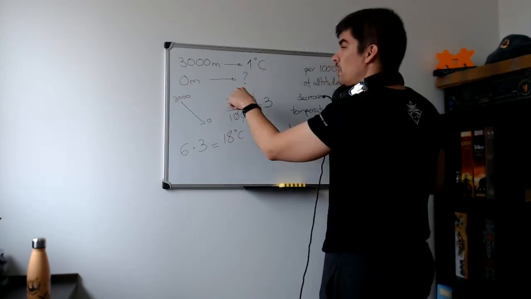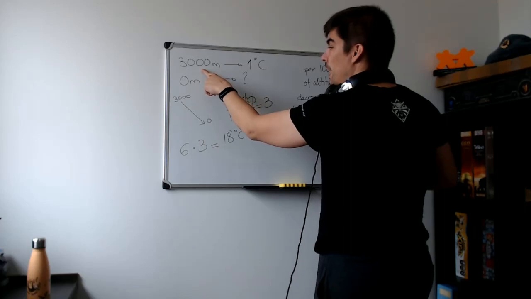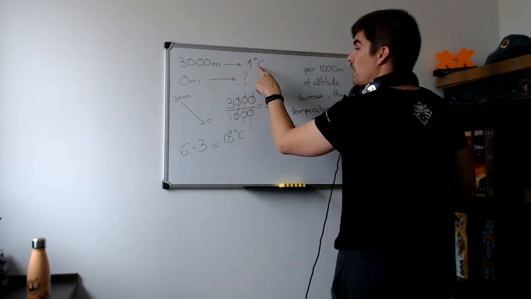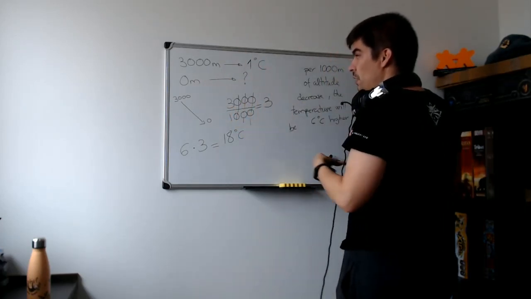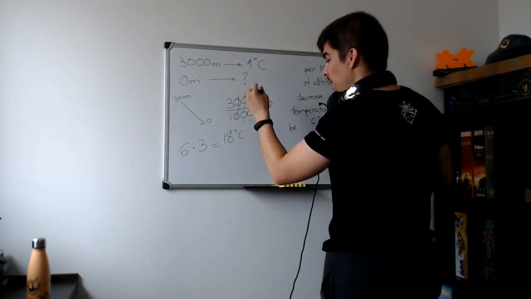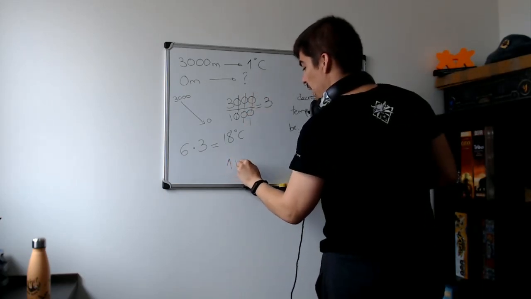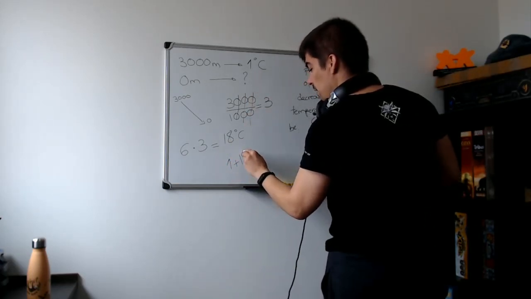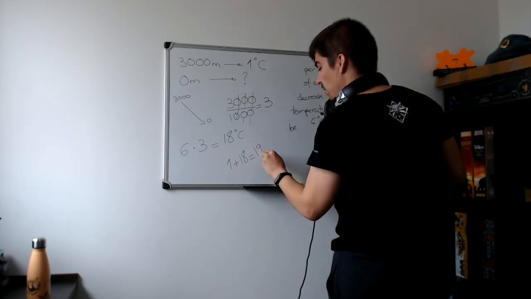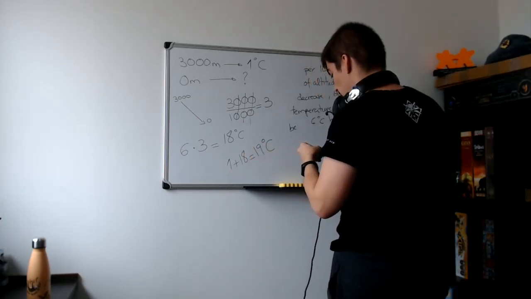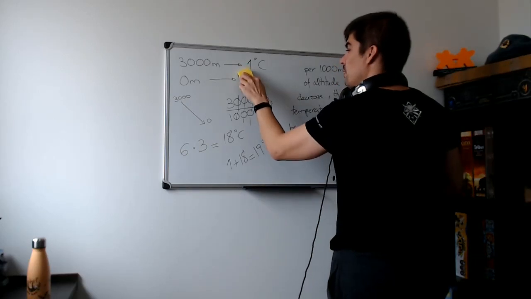So if we know that at 3000 meters of altitude, the temperature is 1 degree, the temperature here will be 1 degree plus 18, which makes 19 degrees Celsius.